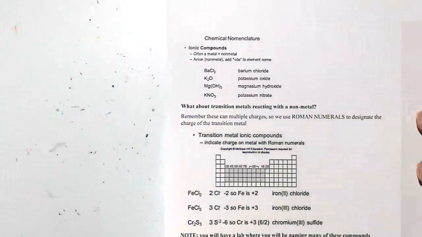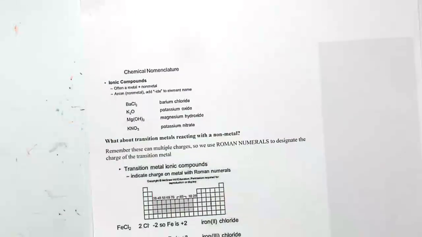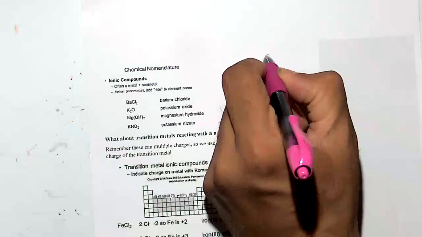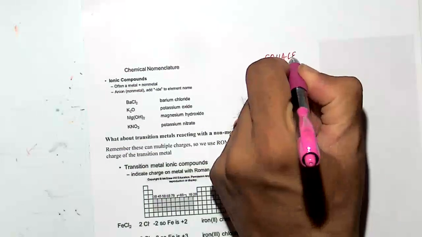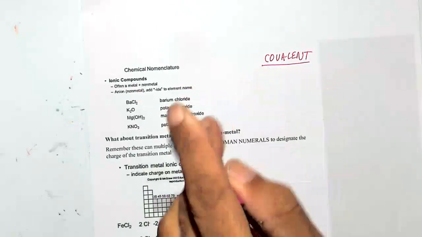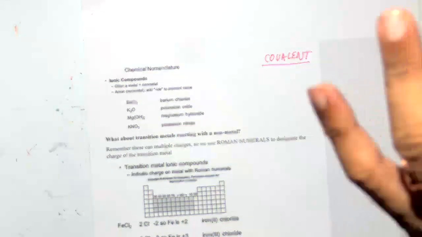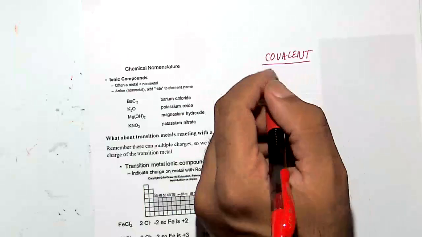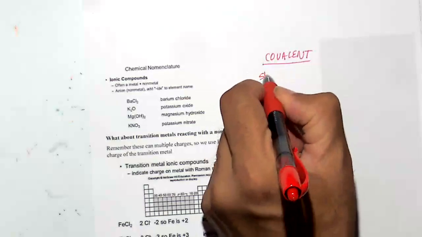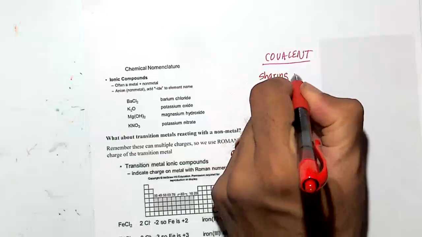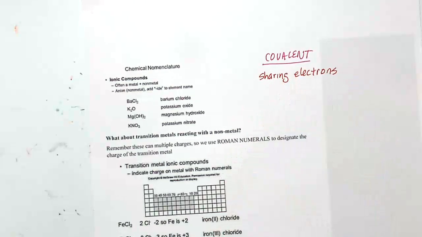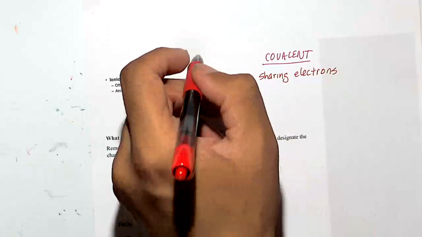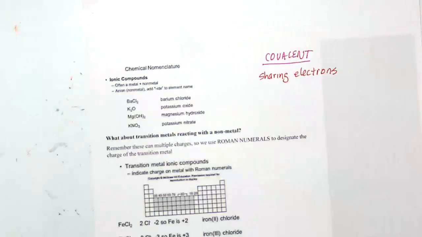All right, let's go ahead and name some of these compounds. By the way, before we name these compounds, there's also something called covalent compounds. What are covalent compounds? This is sharing. We share electrons. What is ionic?